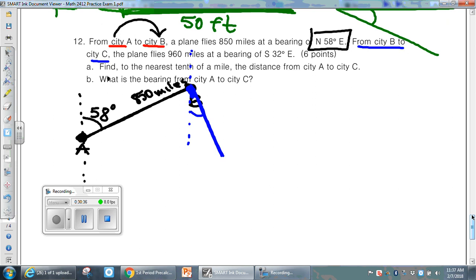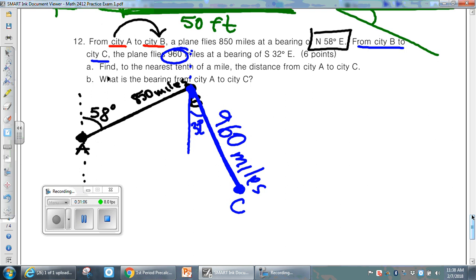So this angle here is 32. All right, and how long? 960, right? So it has to be bigger than the line in black. So just a little bit bigger. So this is 960 miles. And that is city C.